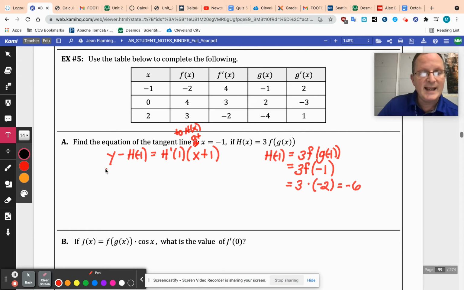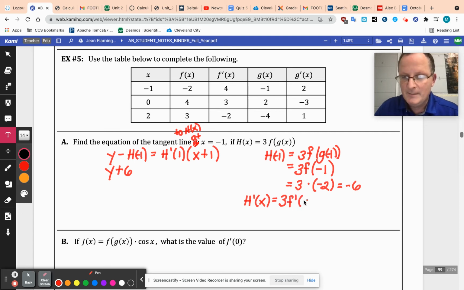So right away I can say y minus -6. Okay, cool. Then here we go. h prime of x is going to equal constant multiple 3, f prime, copy, chain rule.